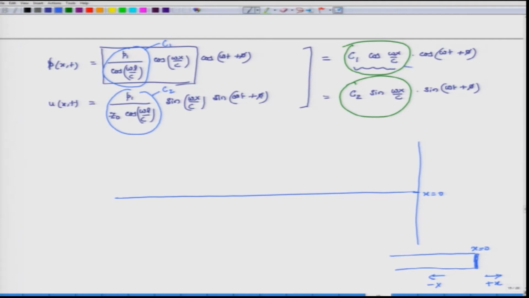So, let us call this entire term A, capital A, and let us call this entire term B. So, at x is equal to 0, cosine of omega x is 1. So, the value will be C1.